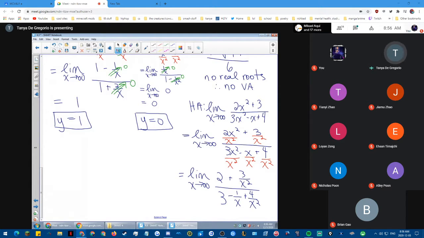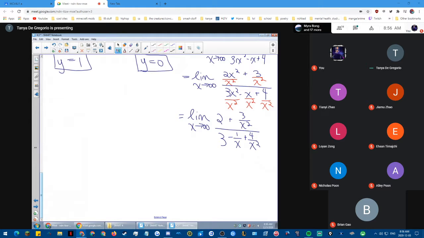Evaluate the limit. What can I conclude? Good, it's going to be 2 over 3. This approaches 0. This approaches 0. And this approaches 0. Horizontal asymptote at y equals 2 over 3. So no vertical asymptote here, but we have a horizontal asymptote.